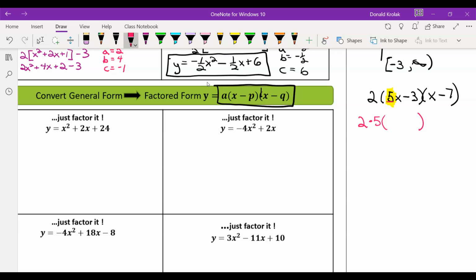what I'm doing in my head is this. I'm dividing that by 5, and I get x. And I'm dividing that by 5, and I'm getting minus 6. And then that would be 10. Now it's in factored form.